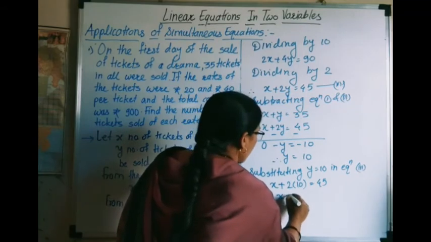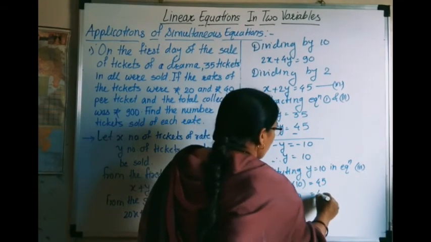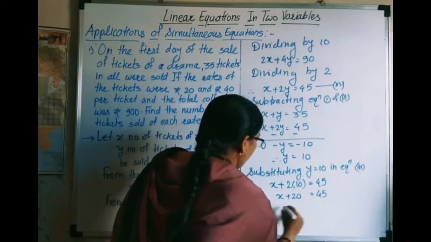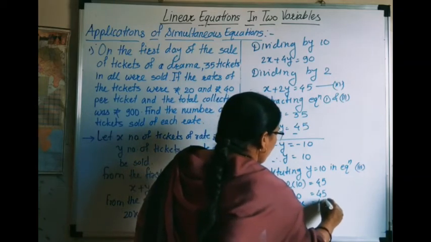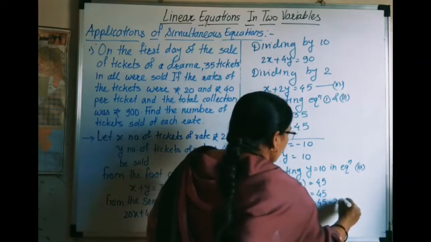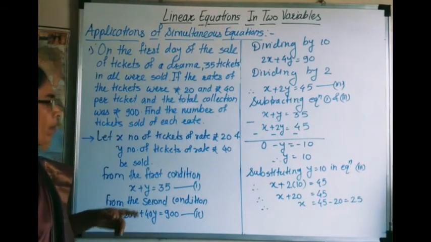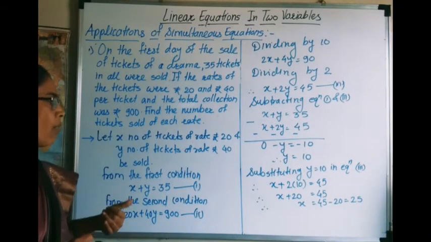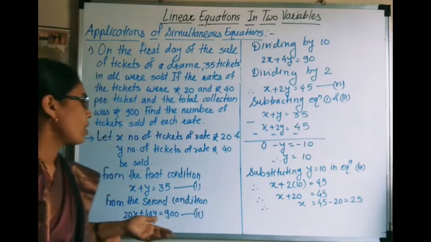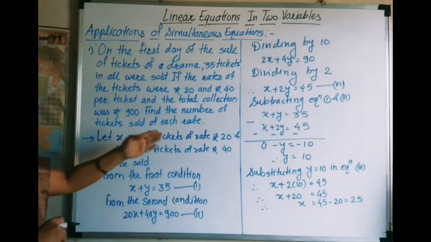Therefore x plus 20 is equal to 45. Therefore x is equal to 45 minus 20, which is equal to 25. So we got the values of x and y. x is equal to 25 and y is equal to 10, which are the numbers of tickets of these different rates.